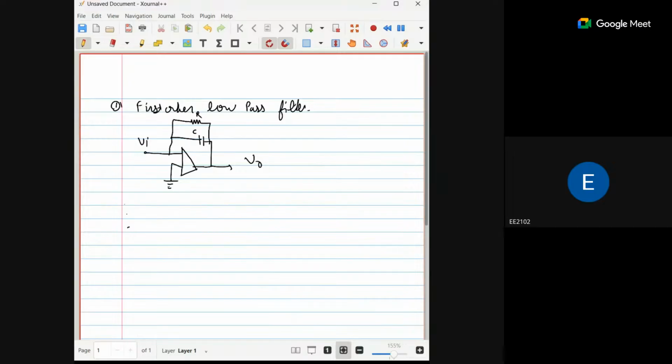Okay, so this is the basic circuit for that first order low pass filter, and the transfer function for it is, you know, can you tell?